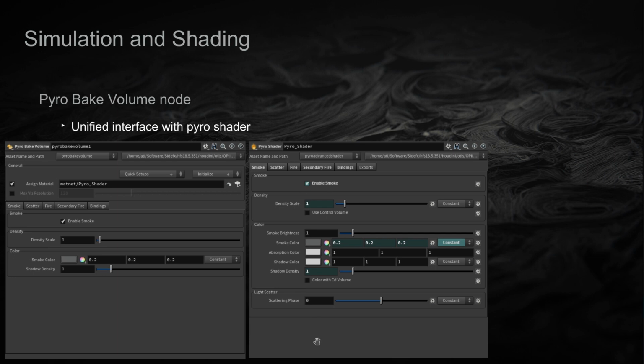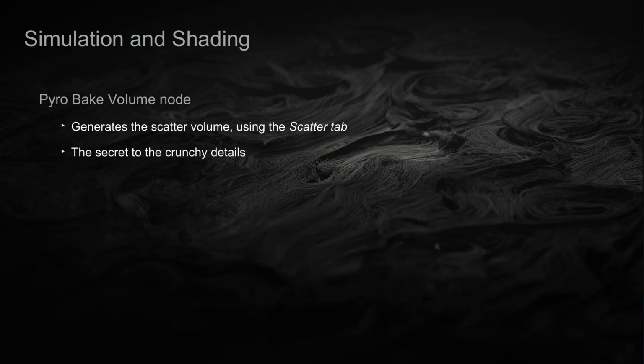The only difference you see here on the smoke tab comes from the fact that some of the features on the shader are considered more advanced controls that are currently not possible to visualize in the viewport. Therefore, these controls on the Pyrobake volume are not available. To get all the nice crunchy looking details in the explosion, you also have to use the Pyrobake volume node.